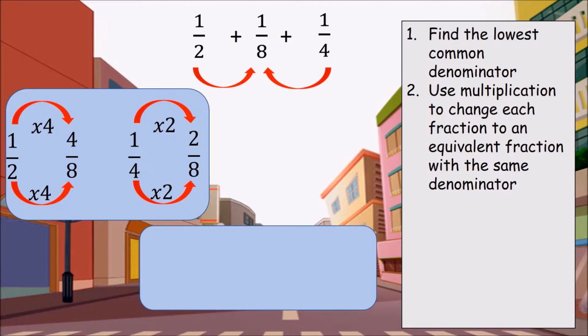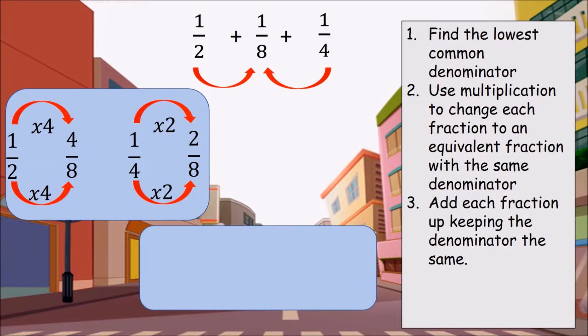Okay. Once we've done that, it's much easier to work out how to answer the calculation. All we're going to do is add up our 8ths to find the answer. So we have 4/8 plus 2/8 plus 1/8. Now, as you know, if we're adding fractions that all have the same common denominator, we keep the denominator the same.